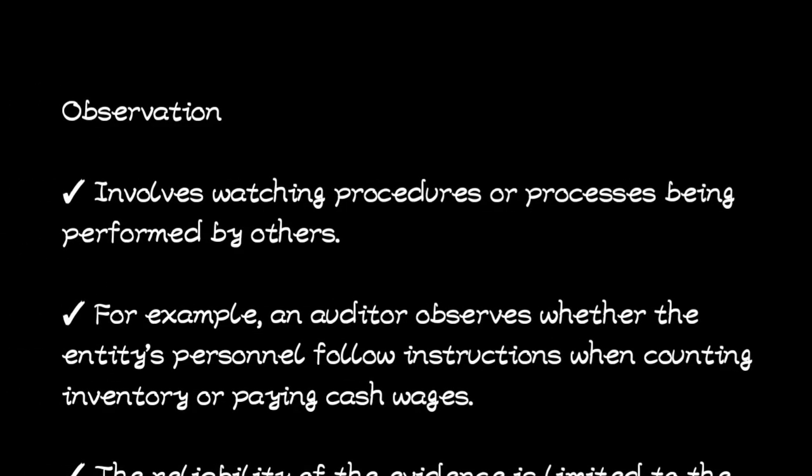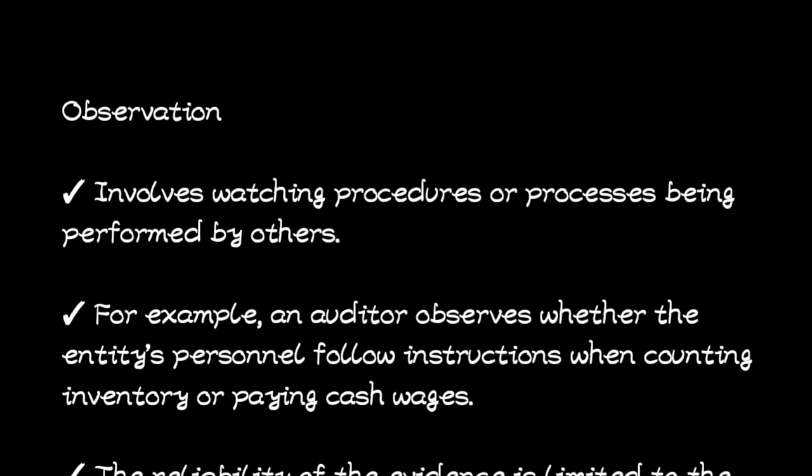So another audit procedure we have is observation. Observation involves watching procedures or processes being performed by others, like you watch things with your naked eyes. Like you see how sales are made, how purchases are made, how employees work on clients, things like that, how inventory is counted.